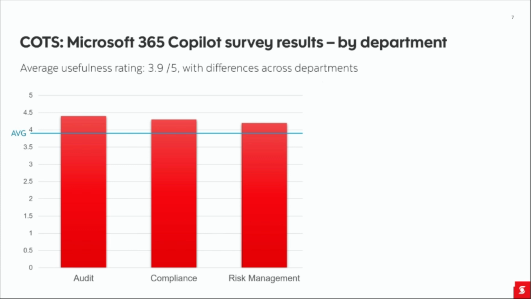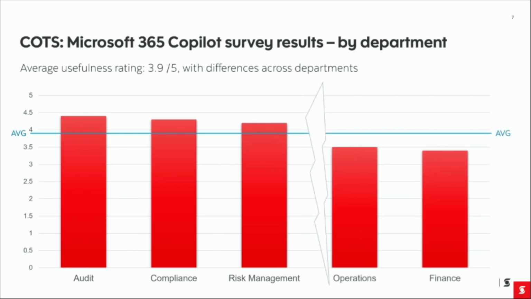And then we looked at how that relates across the different groups that answered the survey. So you see here on the left, the groups that gave it the highest ratings, so audit, compliance, and risk management. All of them were quite a bit above average, 4.2 to 4.4. And we are skipping the middle groups. The groups that gave it the lowest ratings were operations and finance.